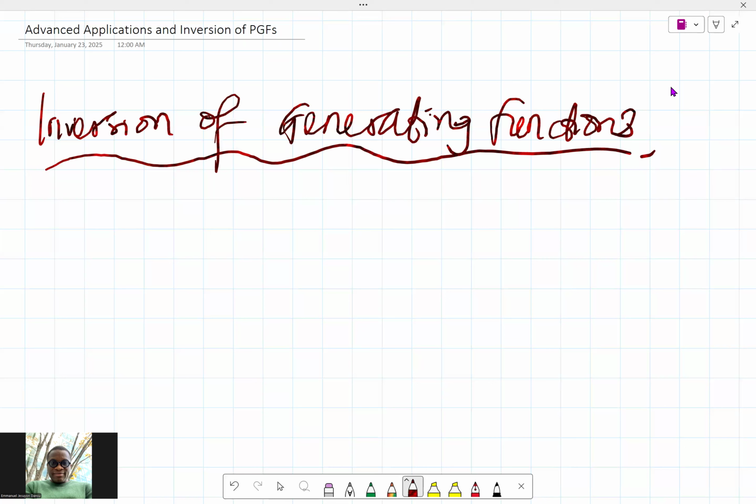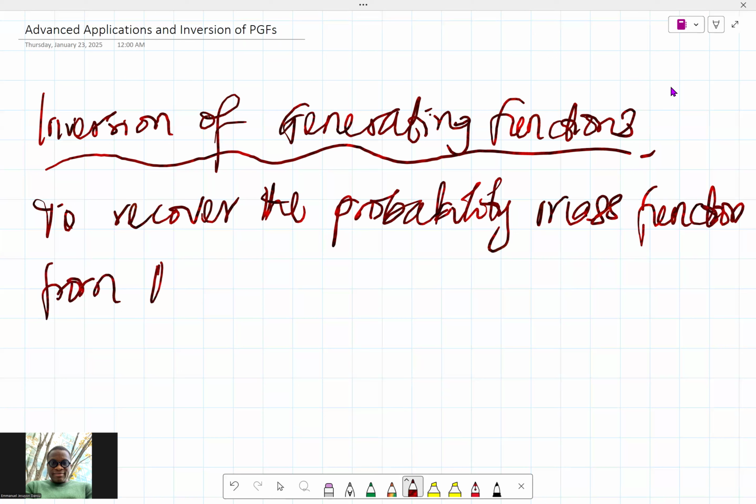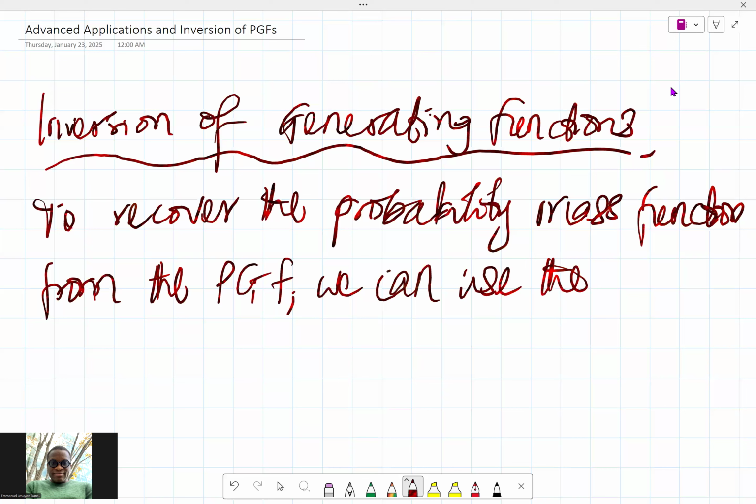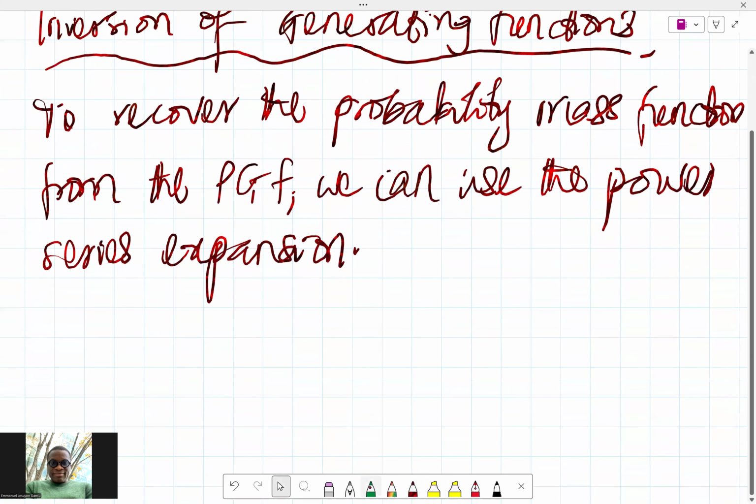To recover the probability mass function from the probability generating function, we can use the power series expansion.